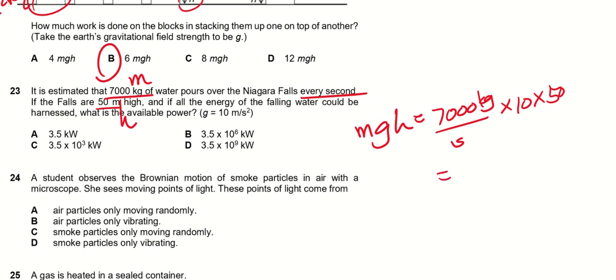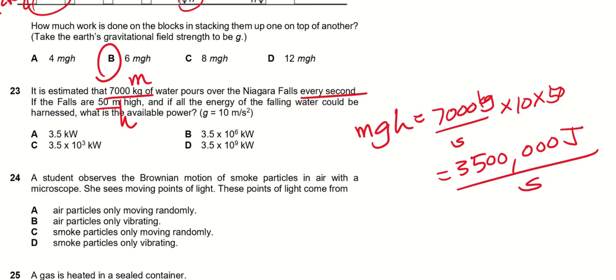So there we have it. Let me calculate 7,000 times 10 times 50. I will have 350,000 joules every second, because they tell me 7,000 kg for every second.